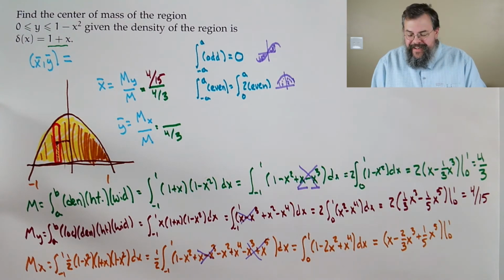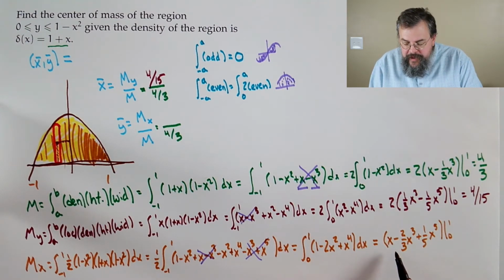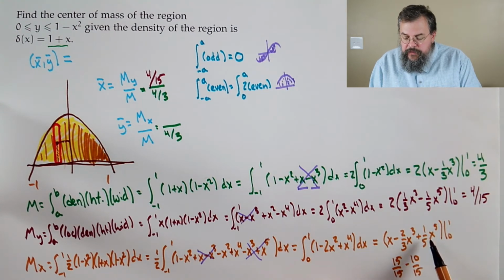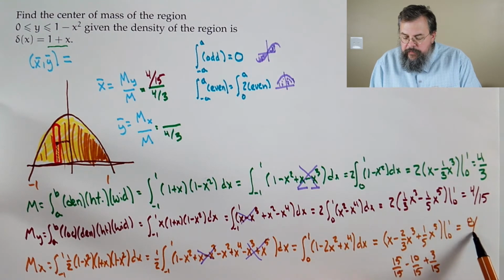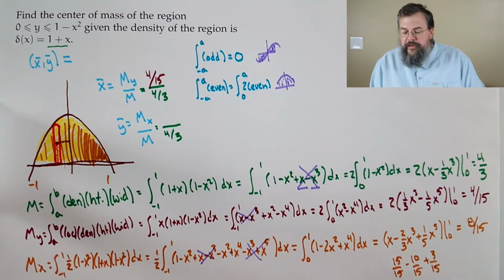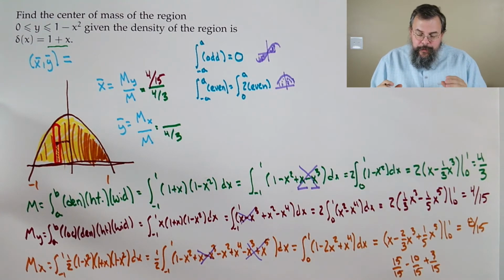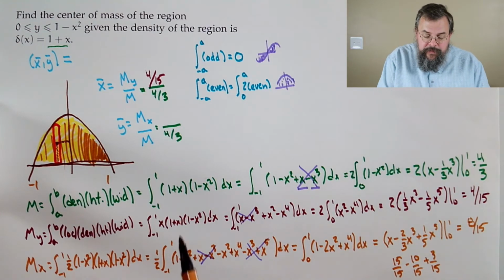Not in our heads. We're going to get 1, and I see 3 and 5 showing up, so I'm going to write that as 15 over 15 minus 2/3, so that'll be 10 over 15 plus 1/5, well, that'll be 3 over 15. So it'll be 18 minus 10, which should be 8/15. So that's our y bar, 8/15.